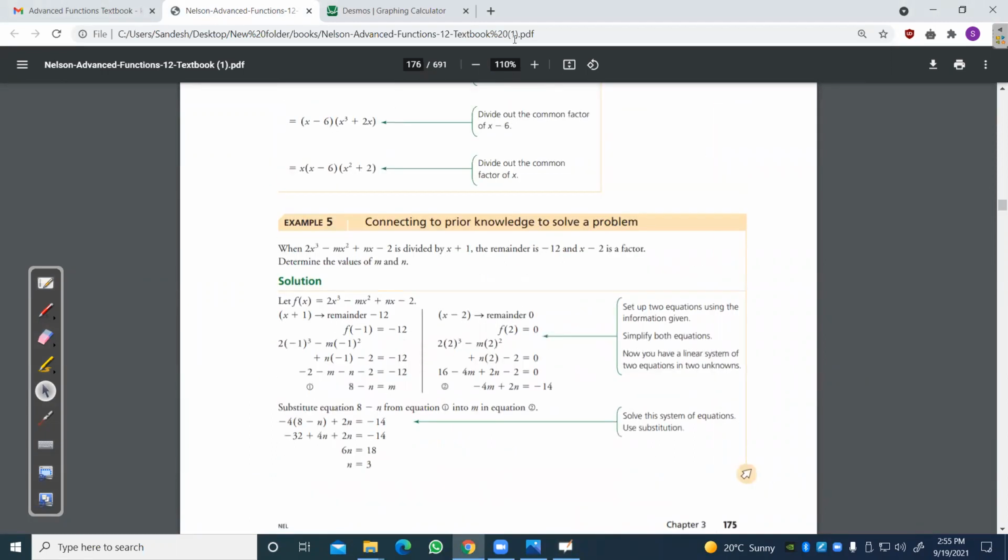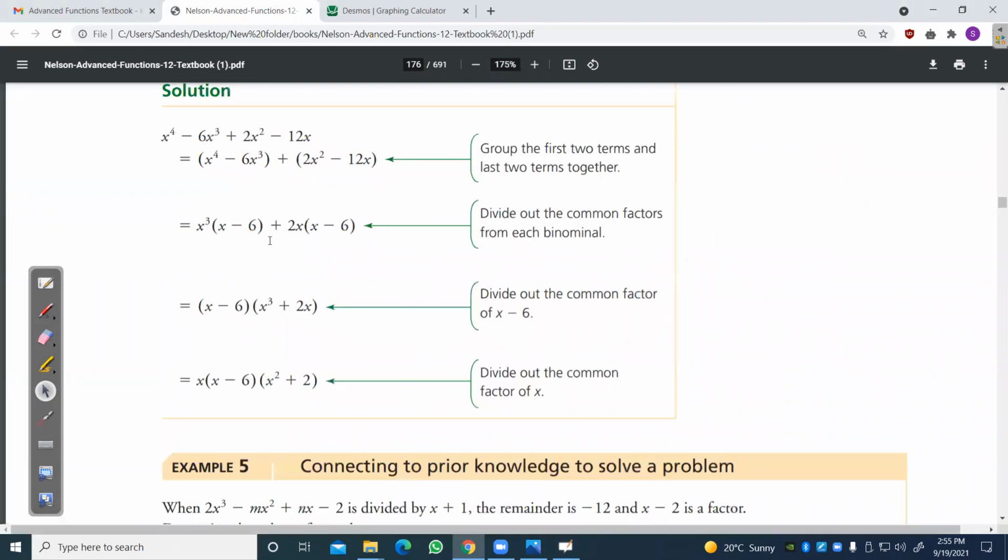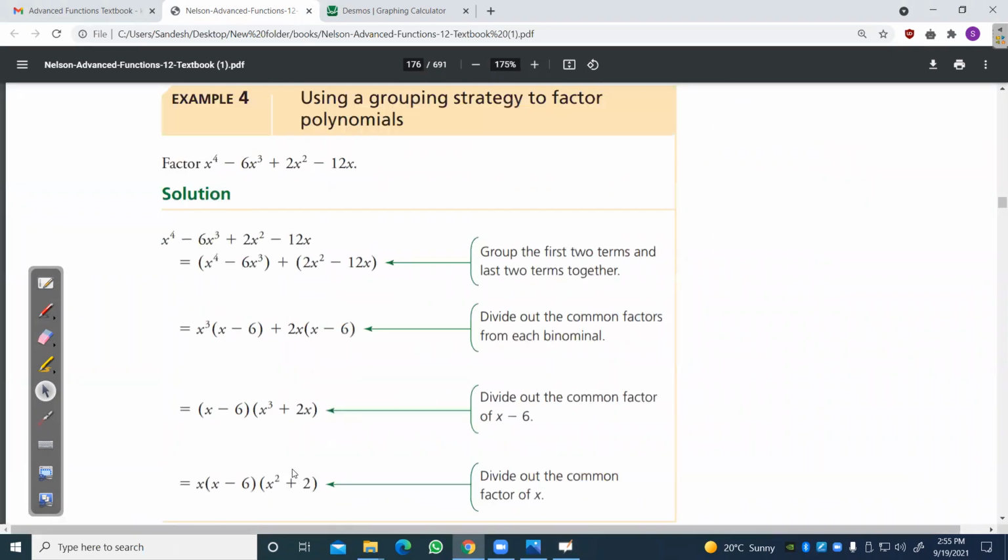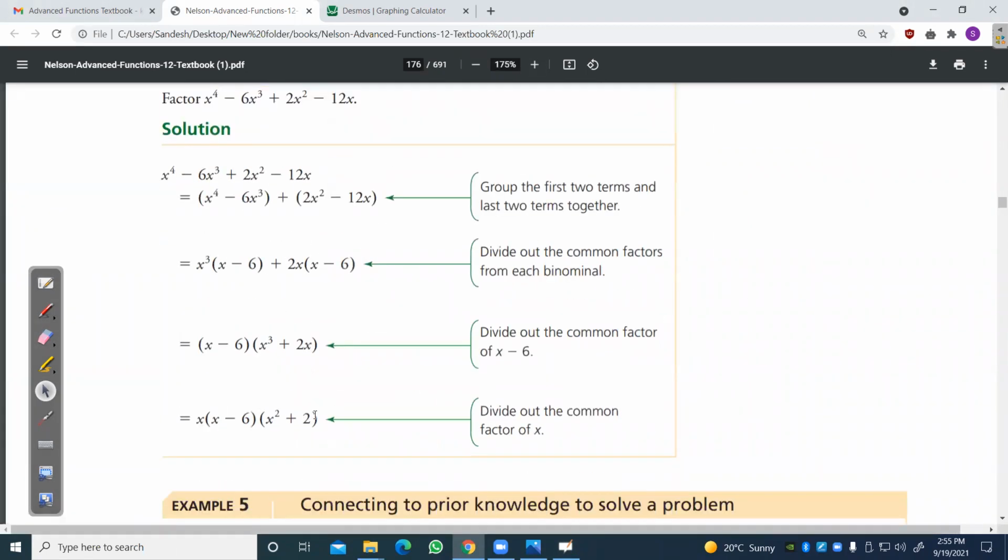Once you know that, you should be able to do the rest of them. See this one? What's the degree of this polynomial? 4. Yeah, f of x is degree 4. What's the order of this factor? That's what I was trying to ask you.